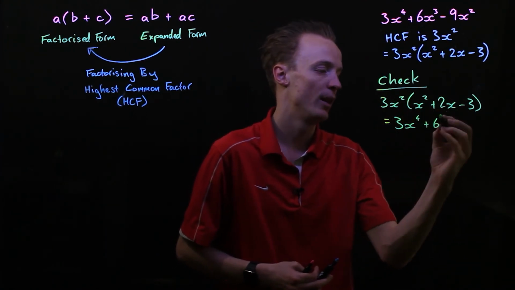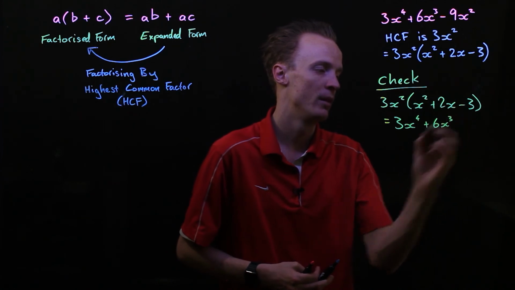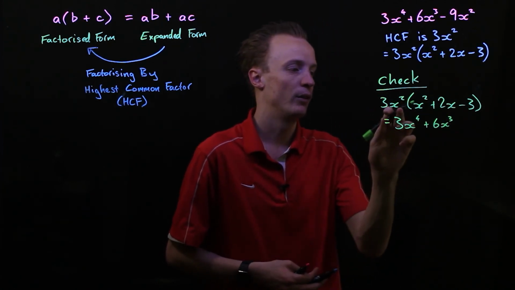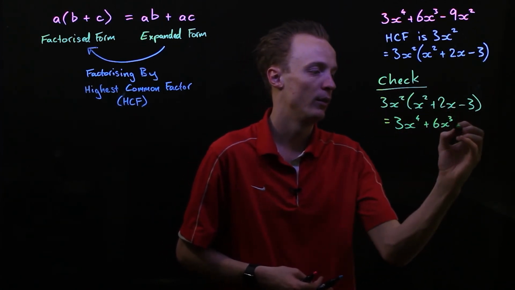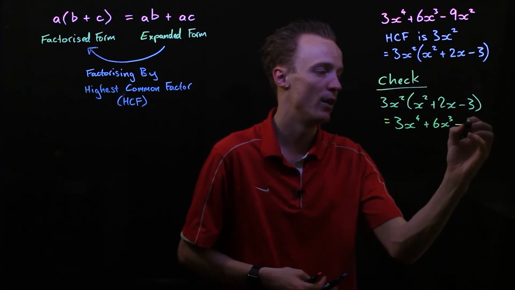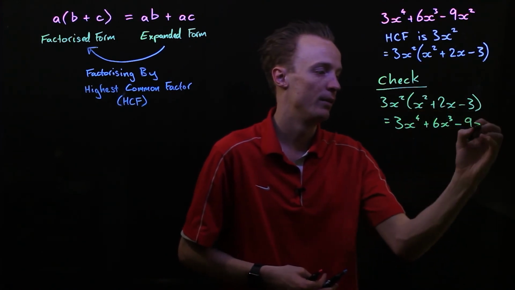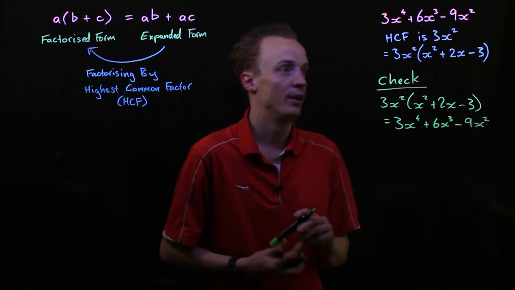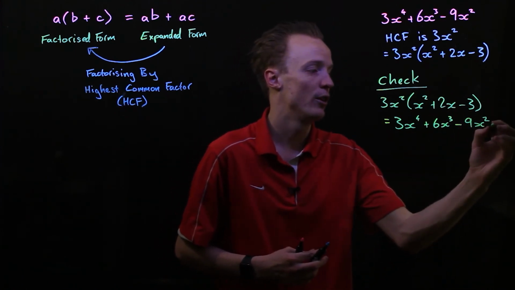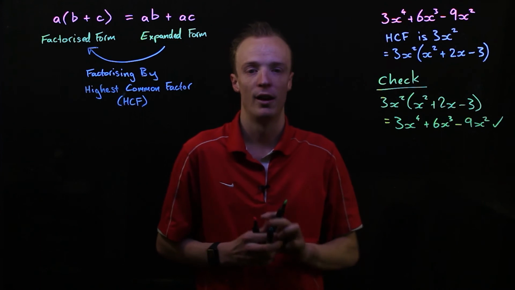Then x squared times x, which is x cubed. Then we've got 3x squared multiplied by negative 3 will be a negative. 3 times 3 is 9. And then x squared. So what you can see here is my check steps showed me that I've factorised this expression correctly.